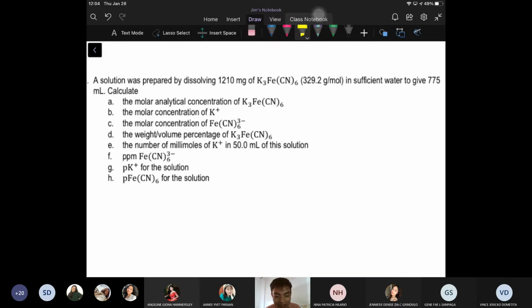Meron kasing topic sa Anachem na babasahin natin to, although hindi na natin i-cover kasi pang BS Chem na yan. So, we have 1210 milligrams of this substance. Ito yung molar mass. Okay, so thank you sa molar mass. Insufficient water to give 775 mL. We calculate for all the following information.